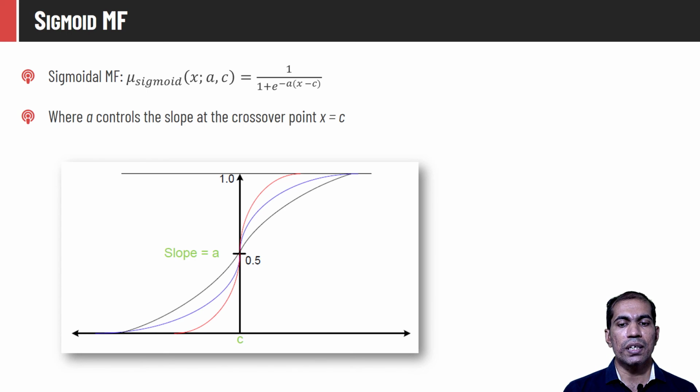Wherever the sigmoid function cuts the x equal to c line, at that point whatever slope is given is defined by the value a. The equation of the sigmoid function is given as 1 upon 1 plus e raised to minus a into (x minus c). By changing the different values of a, we can get different shapes as shown in the diagram.